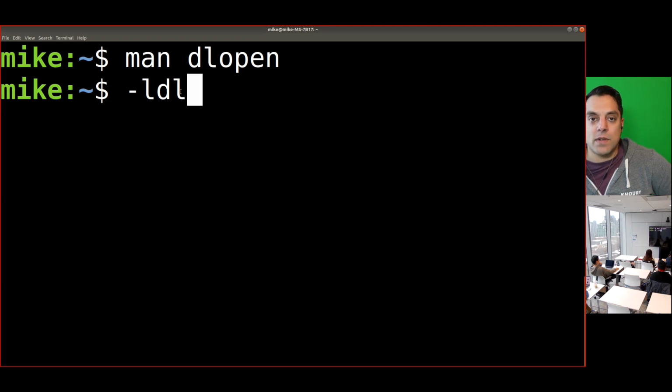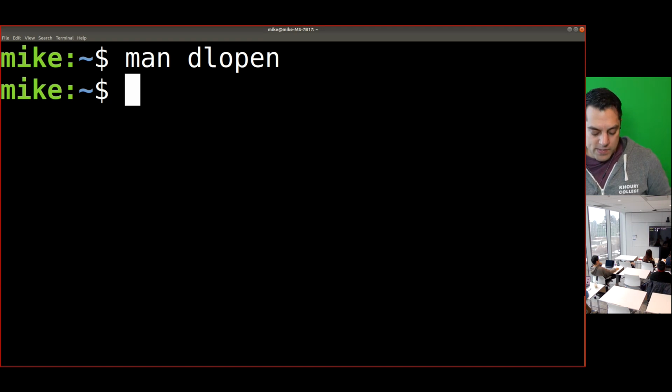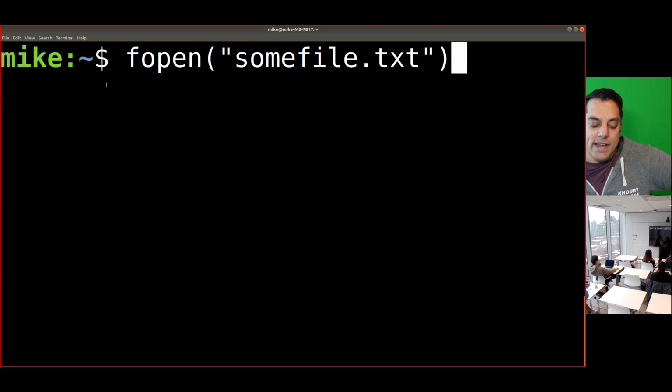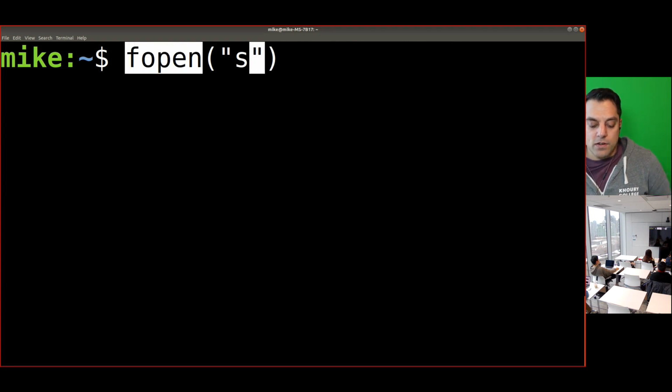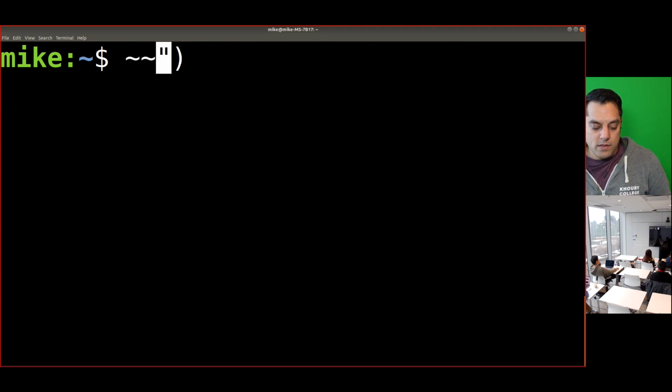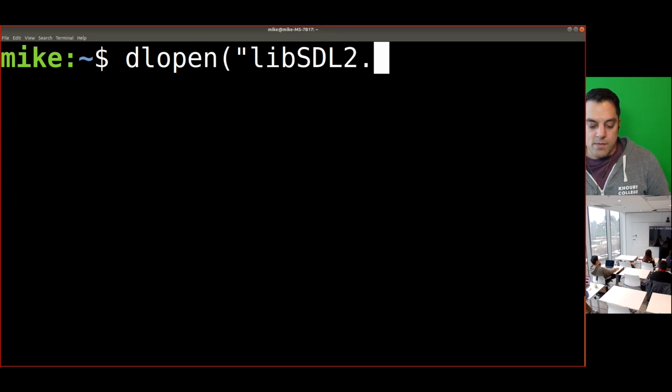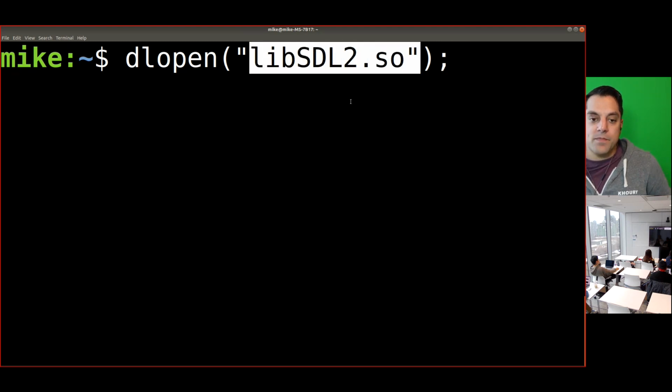It's actually the same idea whenever you use a command, just to simplify this a little bit, like fopen, right, to open a file, you know, some file.txt. It's doing the exact same thing, except the type of file that we're actually looking for with dlopen just happens to be a piece of binary code that contains a bunch of functions that we want to use. So that's sort of the idea.